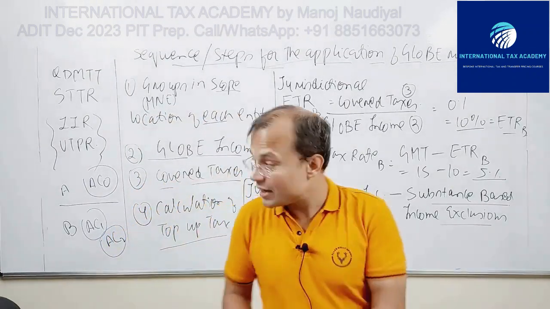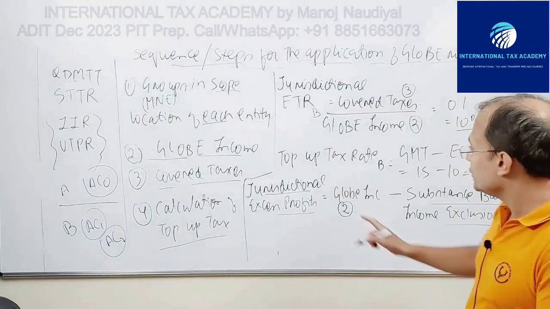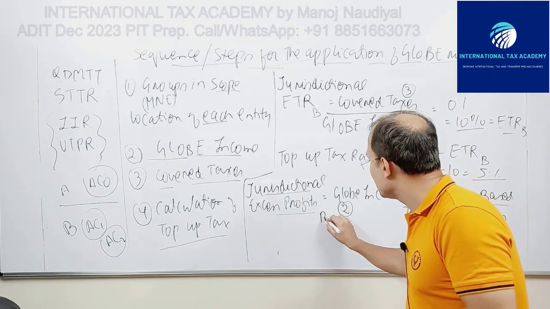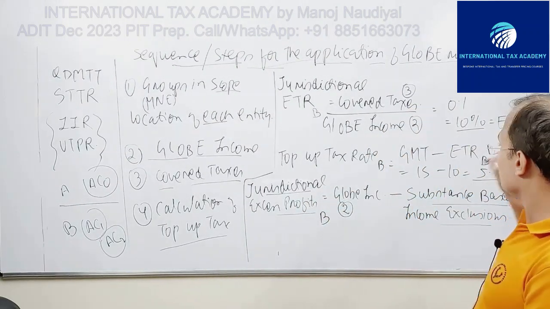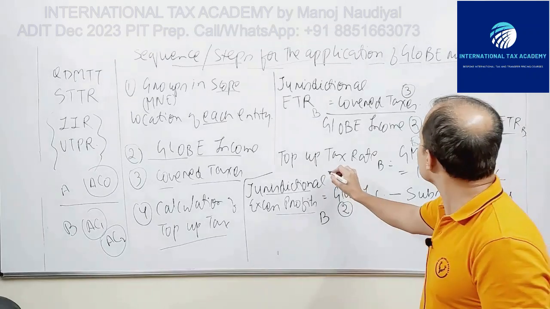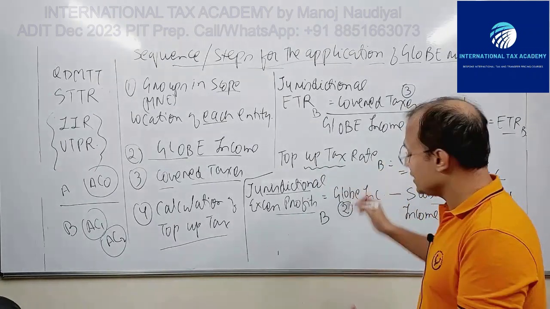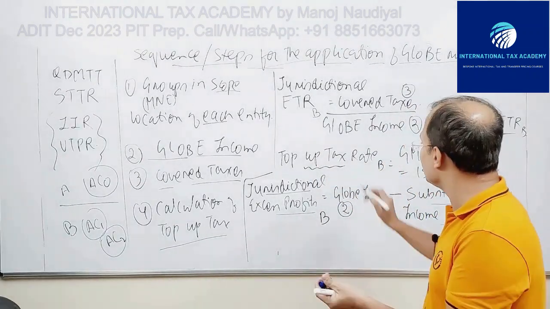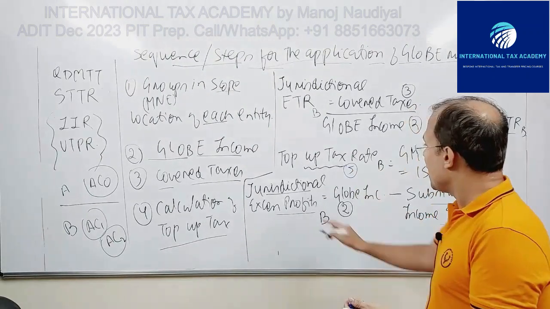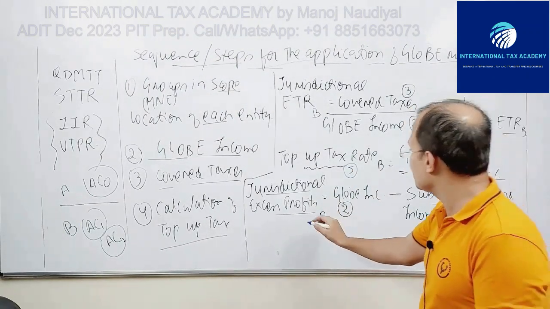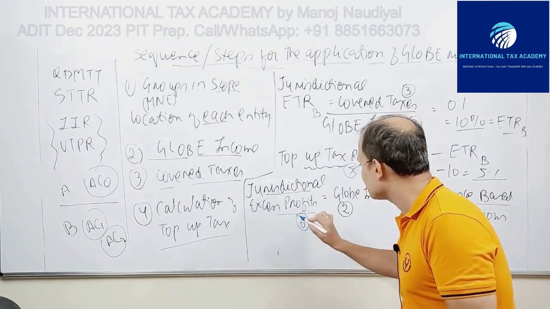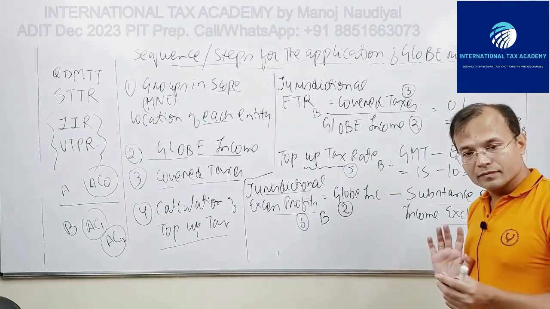Fine. So let us take the jurisdictional excess profit for B. Let us make the top up tax rate, say for example, 5. And jurisdictional excess profit, say for example, 6. Fine.